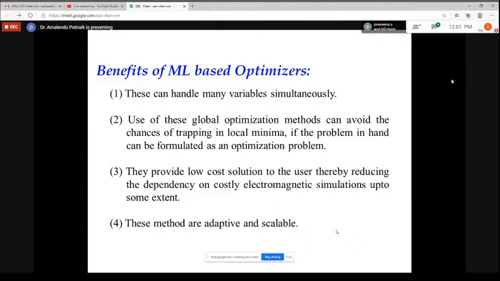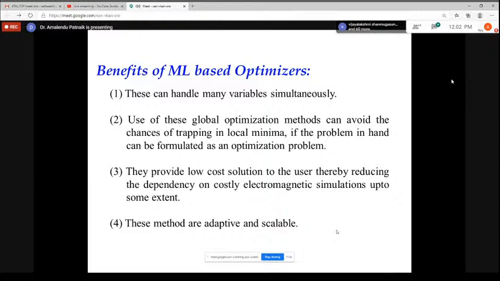Although whenever people devise a particular machine learning based optimization technique, they claim that it is a global optimization method, rare situations are there where those techniques also fail to give you the exact solution.